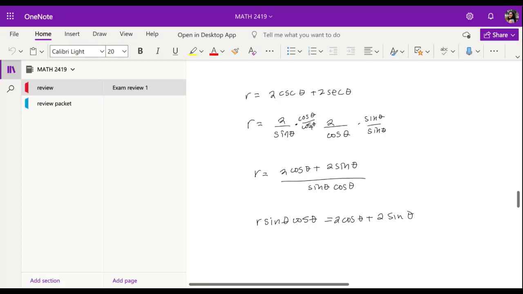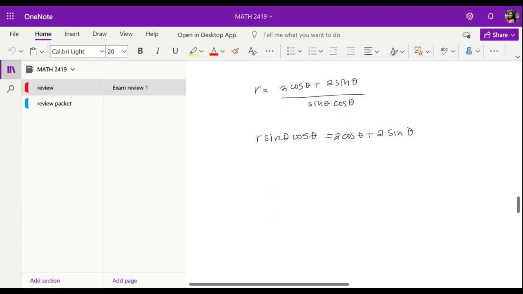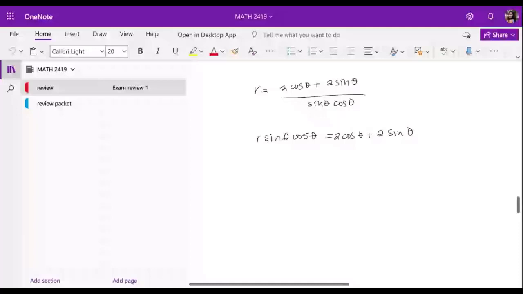The idea behind this, or the questions that they might ask, look kind of like this. You just need to do your best to recognize what you can do to manipulate the equations.